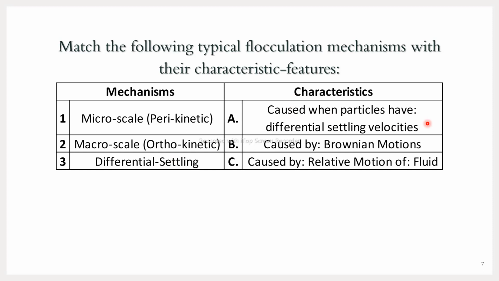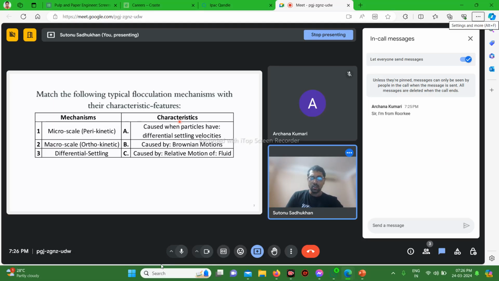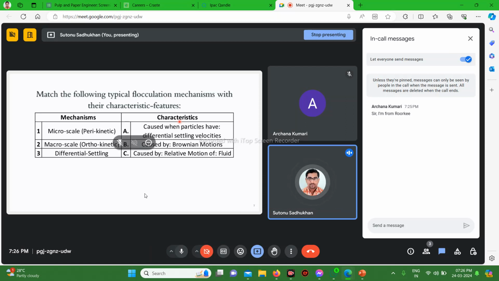And their characteristics are: A, caused when particles have differential settling velocities, B, caused by Brownian motions, and C, caused by relative motion of fluids. So these are the mechanisms, these are their causes. You have to identify which mechanism has which correct cause. Please type your answer in the chat box.